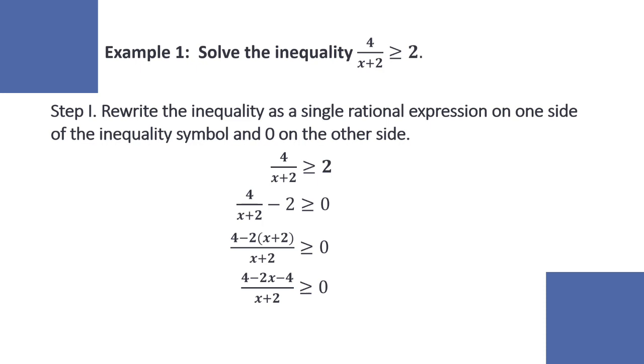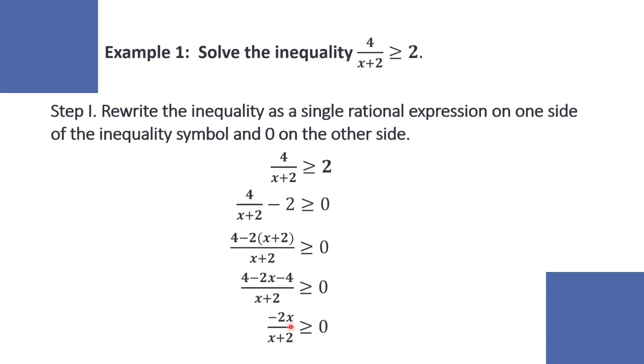Then simplify it. So 4 minus, negative 2 times x, we have here negative 2x. Negative 2 times positive 2 is negative 4. Then combine like terms. So 4 minus 4 is 0.